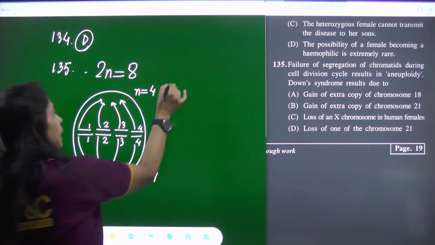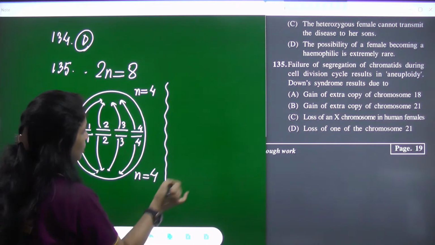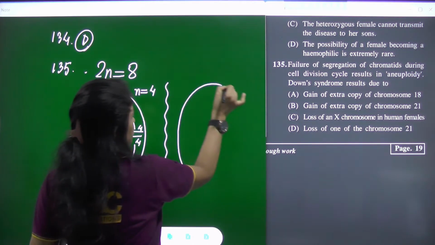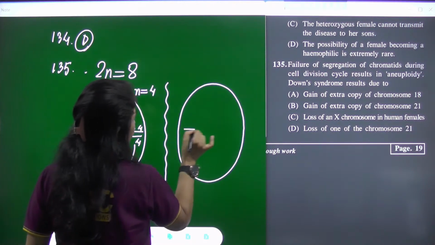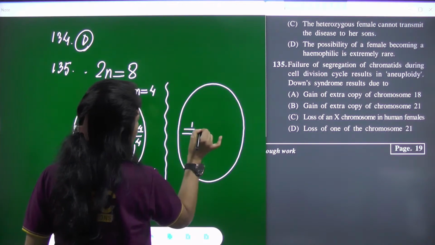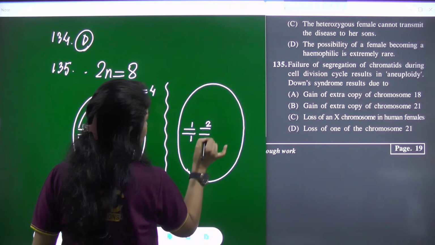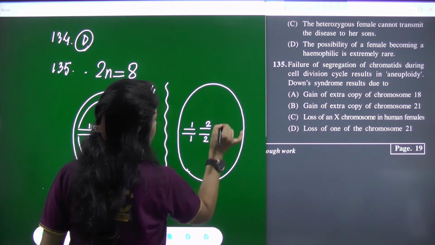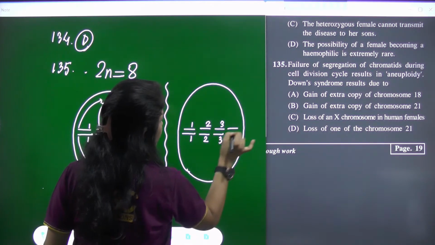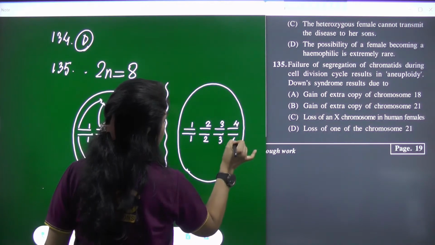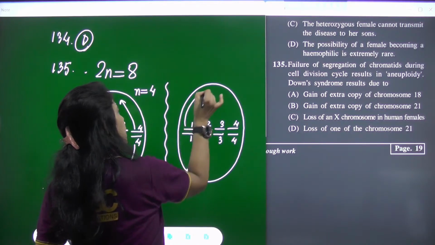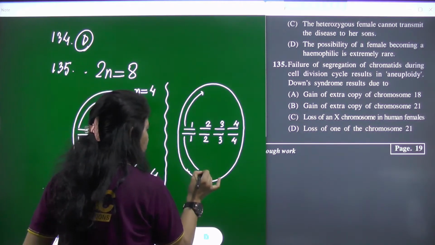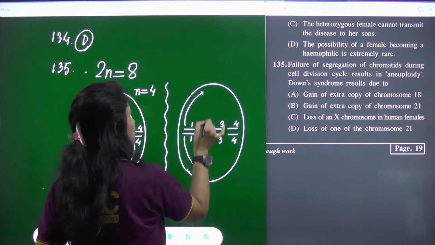But in case of aneuploidy, what will happen? Again I am showing 4 homologous pairs. From the first pair, one chromosome goes to one pole, other to the opposite.